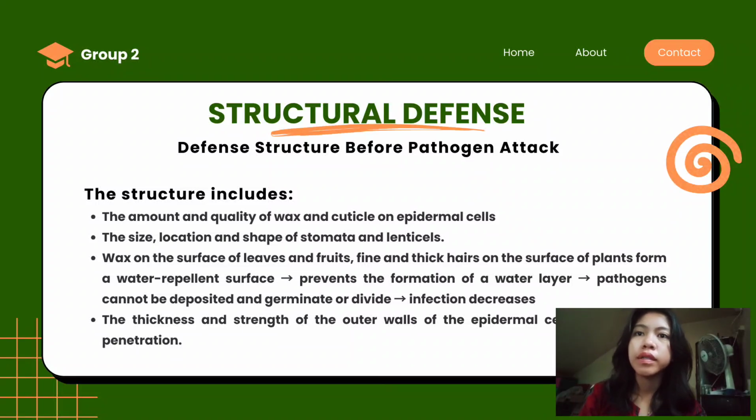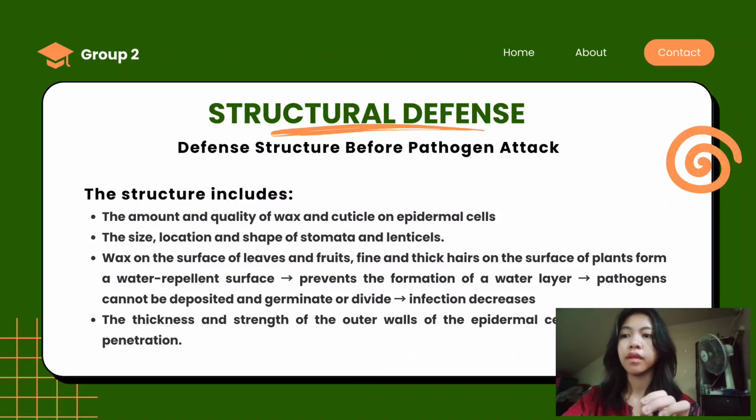Wax on the surface of leaves and fruits, and fine and thick hairs on the surface of plants, form a water repellent surface that prevents the formation of a water layer. Pathogens cannot be deposited and germinate or divide. Infection decreases. Second, the thickness and strength of the outer walls of the epidermal cells inhibit direct penetration.